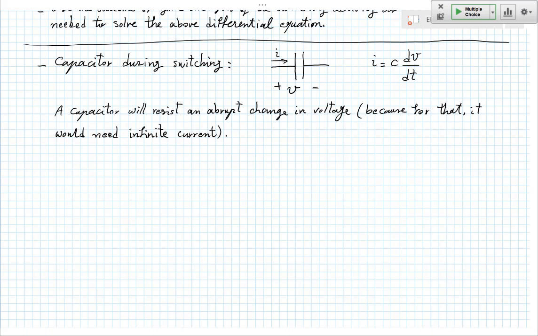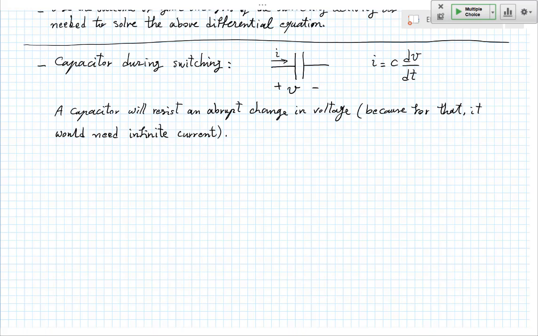What about during long-term DC steady state? Now, by steady state, we mean when things are not changing. And I want to emphasize we are concerned with DC steady state, because sometimes you could refer to a situation as being in steady state where maybe you have a periodic change of things, like an AC situation.